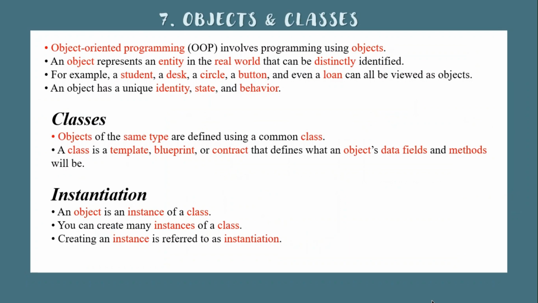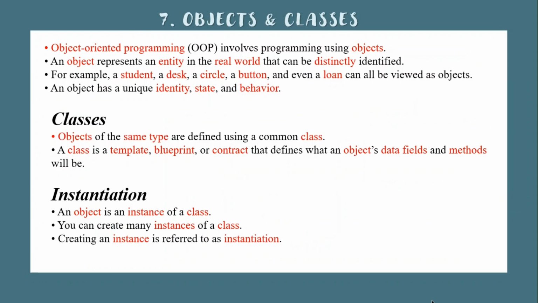An object represents an entity in the real world that can be distinctly identified. For example, a student, a disk, a circle, a button, and even a loan can all be viewed as objects. An object has a unique identity, state, and behavior.